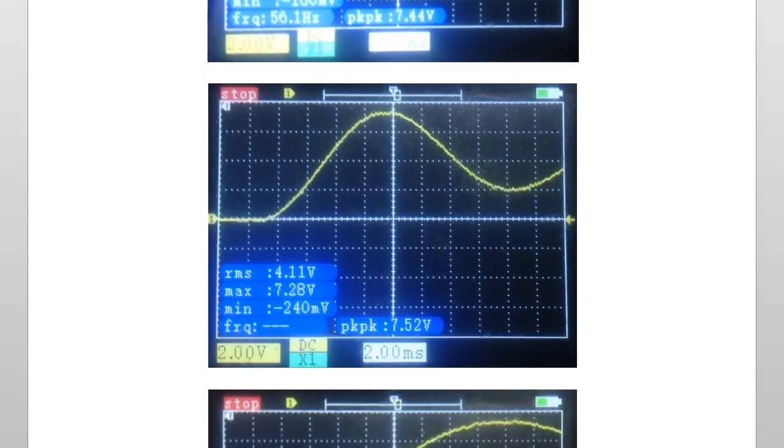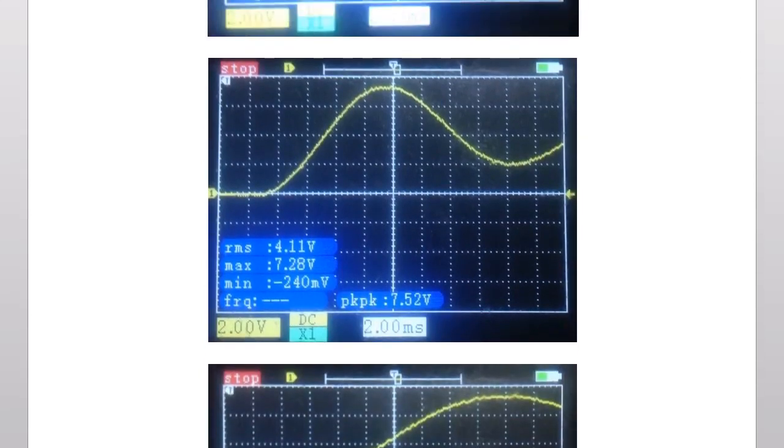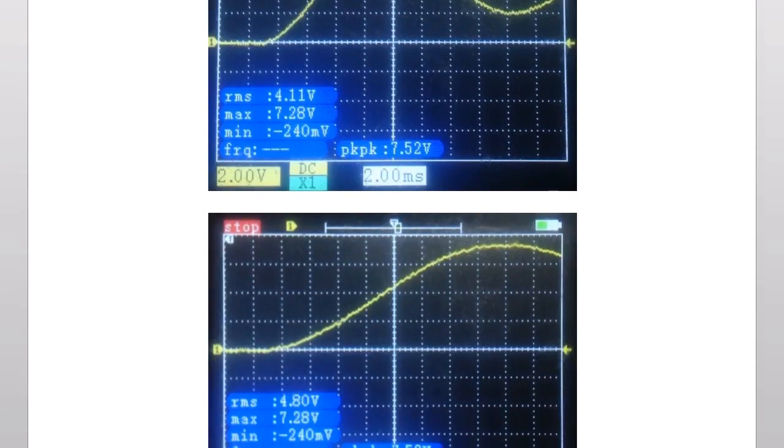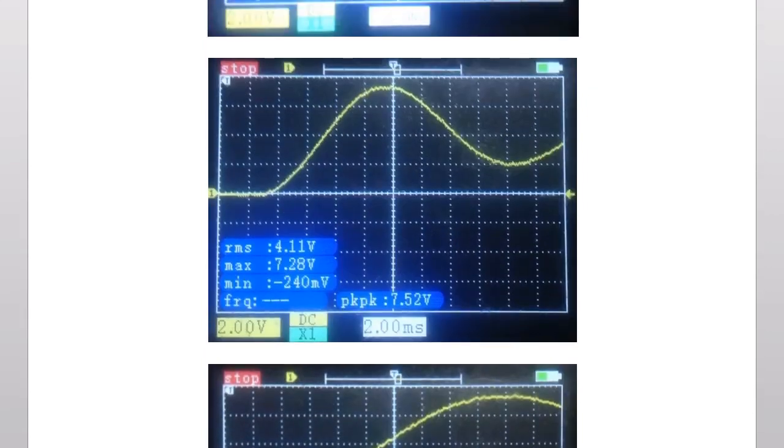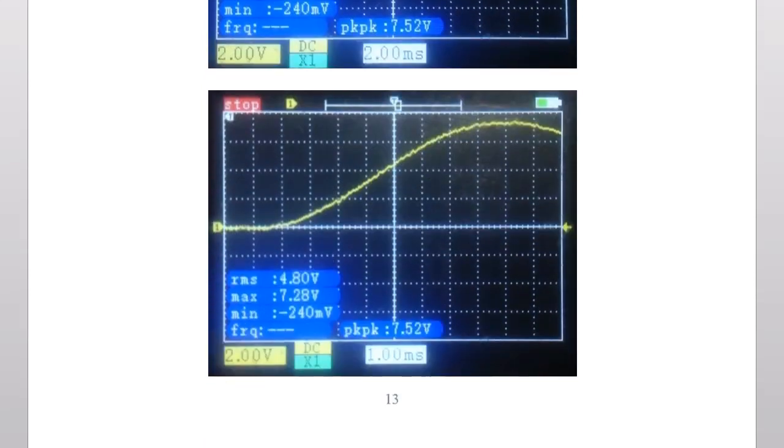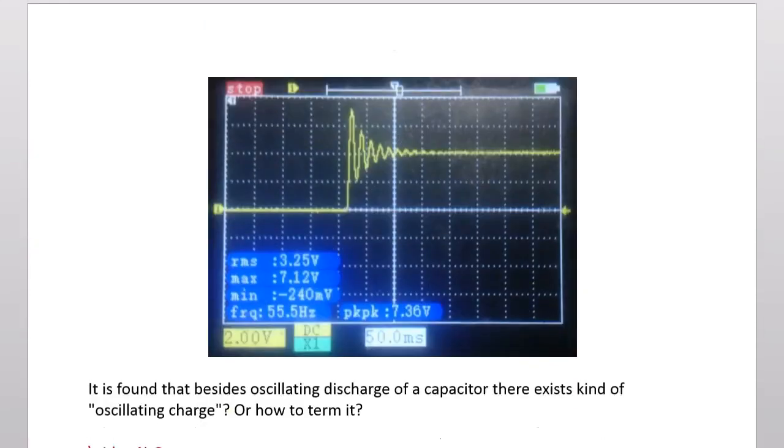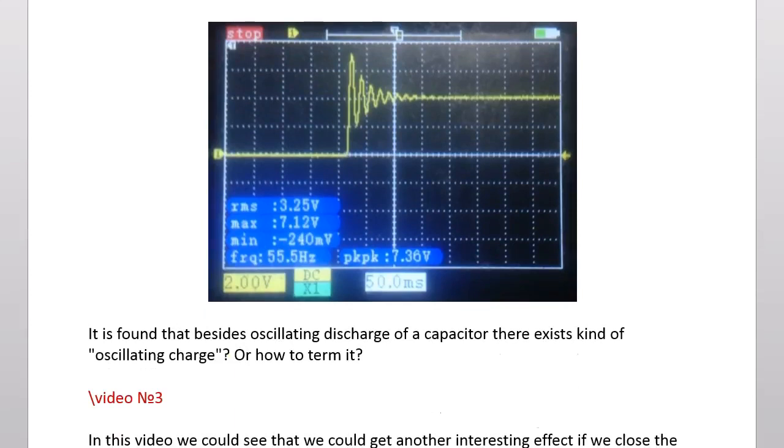And this is another scale to see that this is exactly a sine-shaped pattern. It's found that besides the oscillating discharge of a capacitor, there exists a kind of oscillating charge, or how to term it, how to call this process.